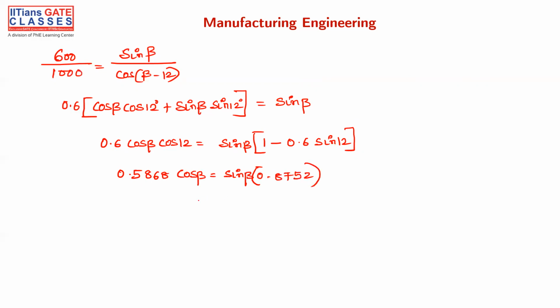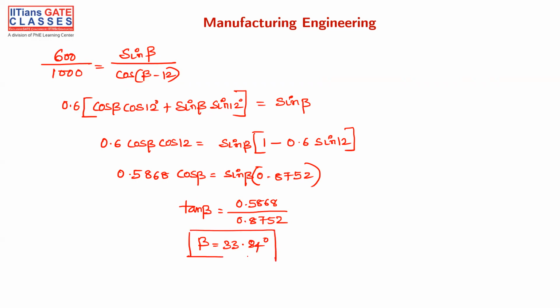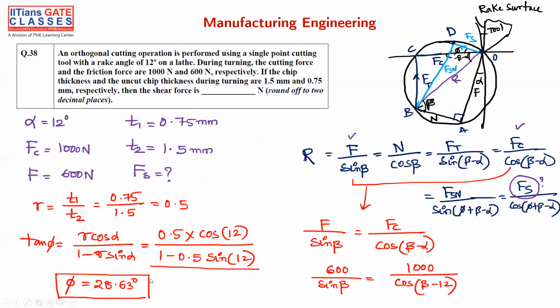Then you divide sin beta by cos beta. So tan beta is equal to 0.5868 divided by 0.8752. If you take the inverse, you get beta as 33.84 degrees. That's it. Now you got the value of phi, you got the value of beta.